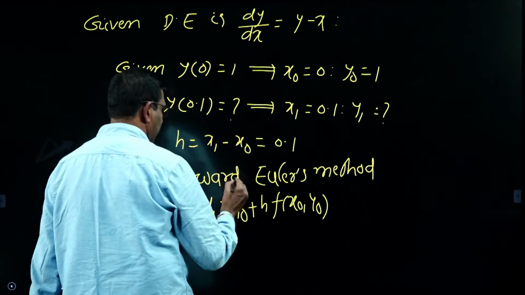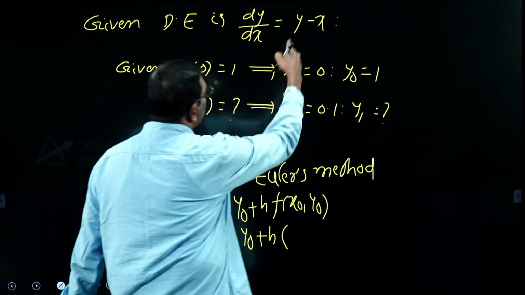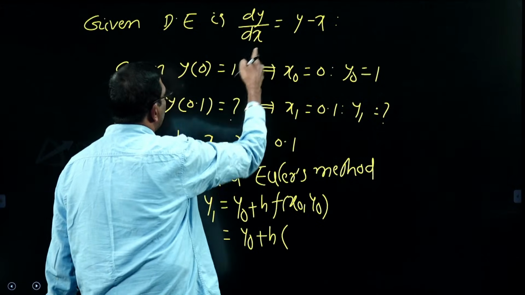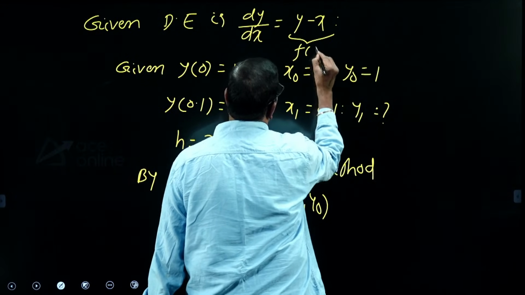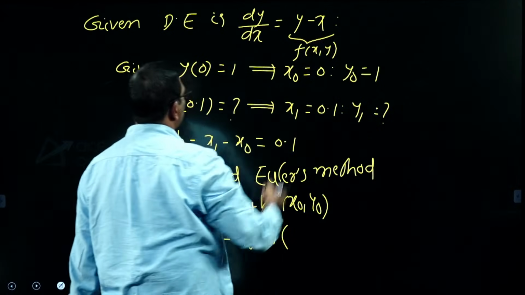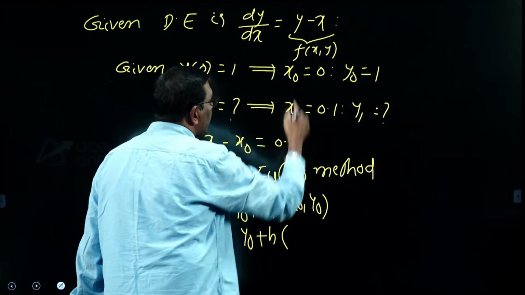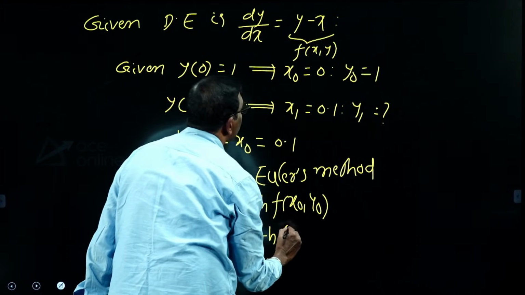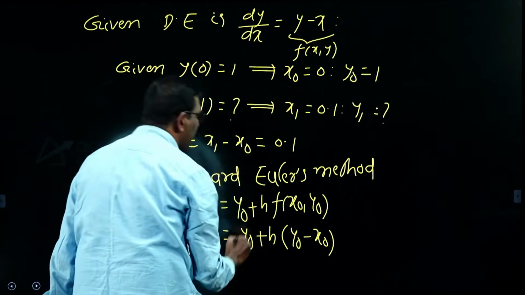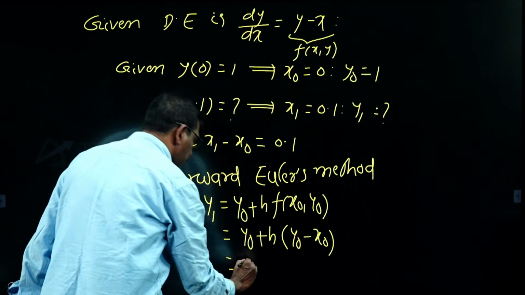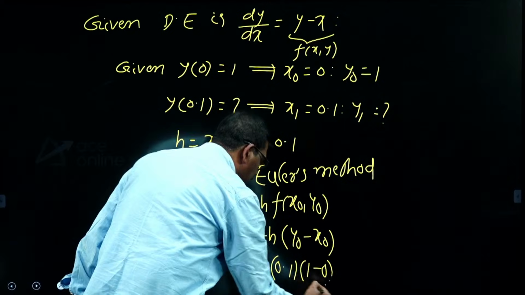What is y naught here? Y naught plus h into f of x y. f of x y is y minus x, so f of x naught y naught is nothing but y naught minus x naught. What is y naught? Y naught is already given as 1. 1 plus h, which is 0.1, into 1 minus 0.